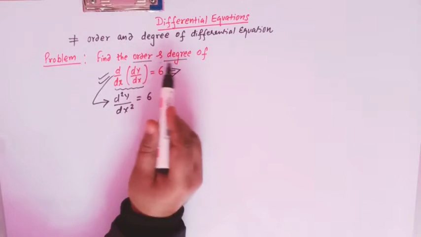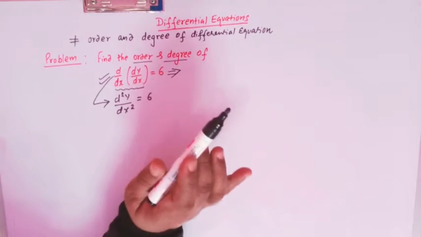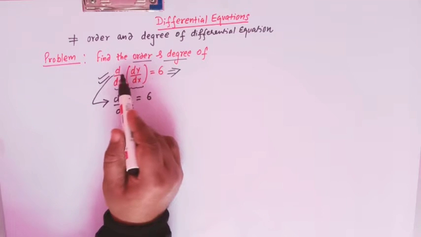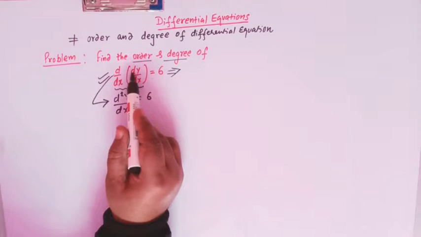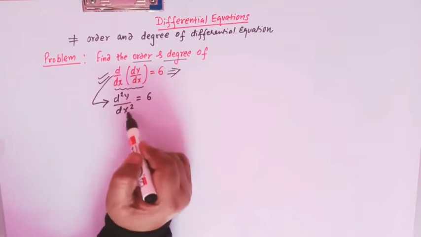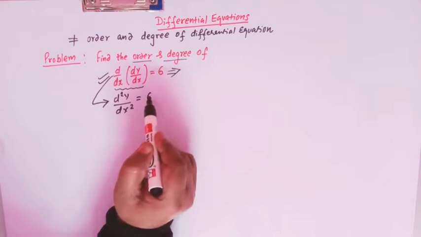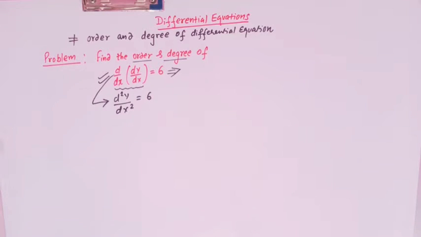Once we have written d over dx of dy over dx as the second derivative, which is equal to 6, then we can find the order and degree of this differential equation, right?